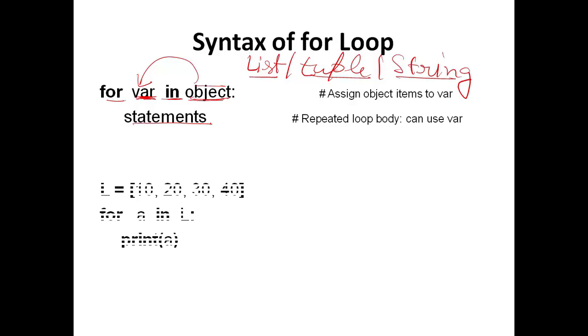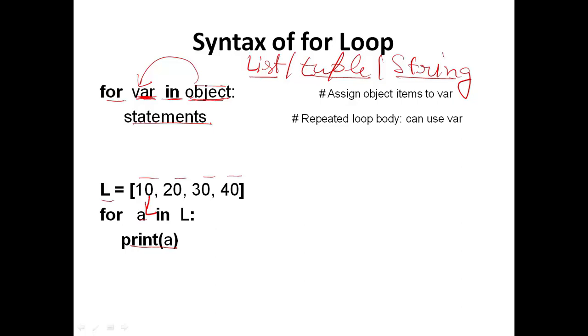Let's see an example of for loop. In this example I have taken a list which has four elements 10, 20, 30 and 40, and here I am writing for a in L print a. So the elements of the list are assigned one by one to this variable a. So first 10 will be assigned to this variable a, and this line which is inside this for loop gets executed.